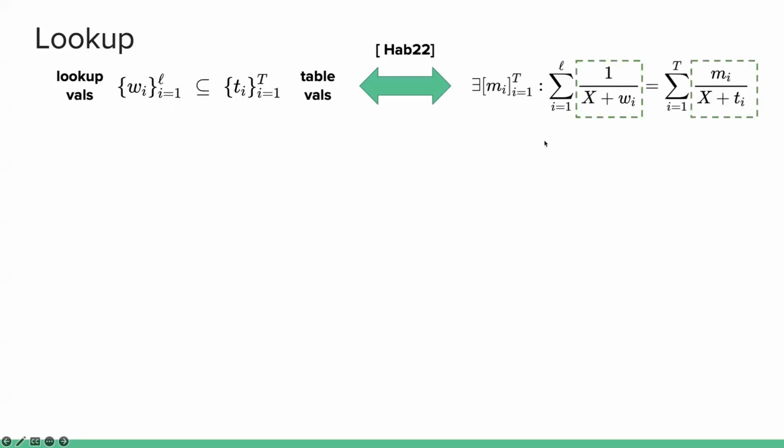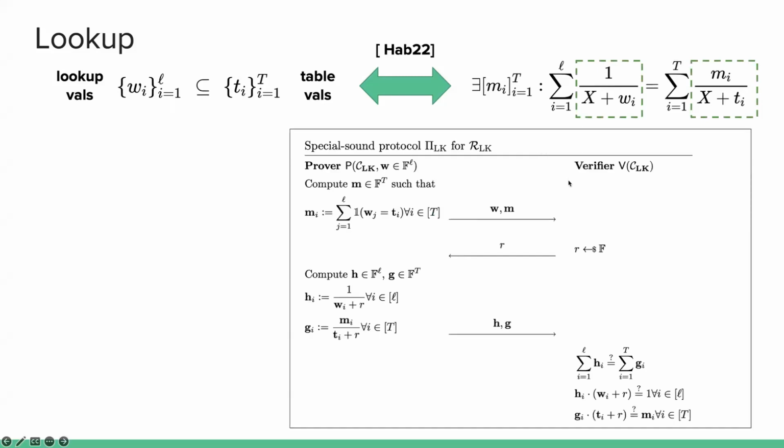So given this, it turns out we can have a really simple 2-round protocol for proving this relation. In the first round, the prover just computes this witness and this multiplicity and sends them to the verifier. Now, once we have committed all these w_i, t_i, and m_i, again, we are just checking some polynomial identity. And we can use the same trick here. We replace this formal variable with some random scalar and check the evaluation identity here.